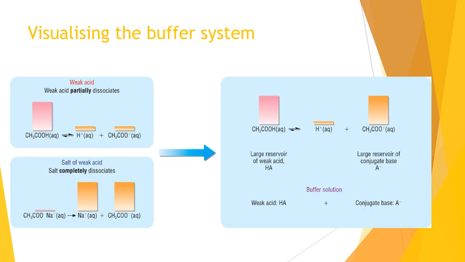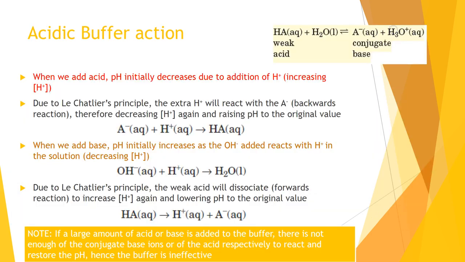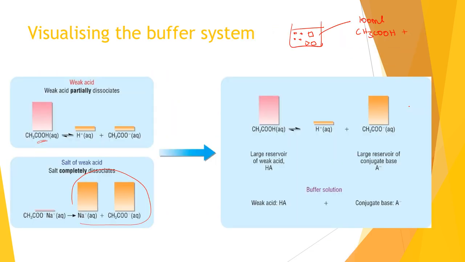What we're talking about when we're talking about visualizing a buffer system is that we have this weak acid, which is going to partly dissociate, but mostly be towards the acid side. And then we also have the salt, in which case it's going to be mostly towards the salt side. So what we're saying is that in a buffer system, we have the acid present, but we also have the salt present. Okay, so one way we could do this is to take 100 milliliters of ethanoic acid and we could neutralize it with half the amount of base.